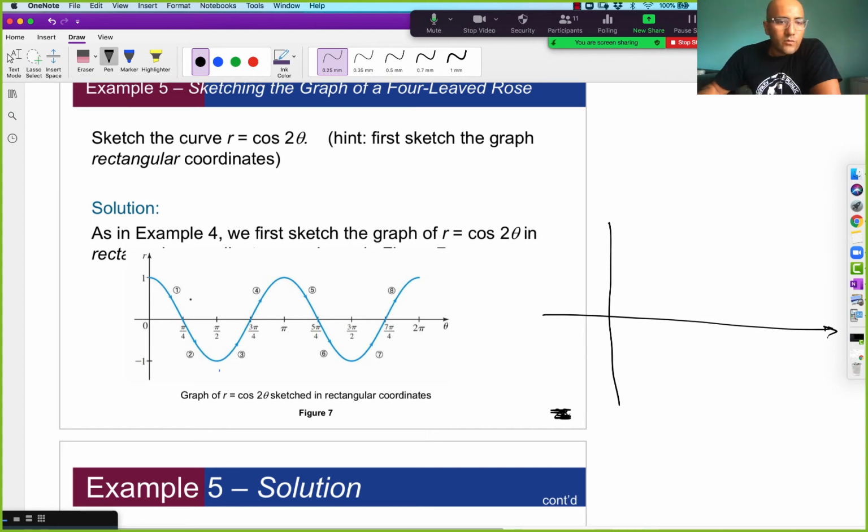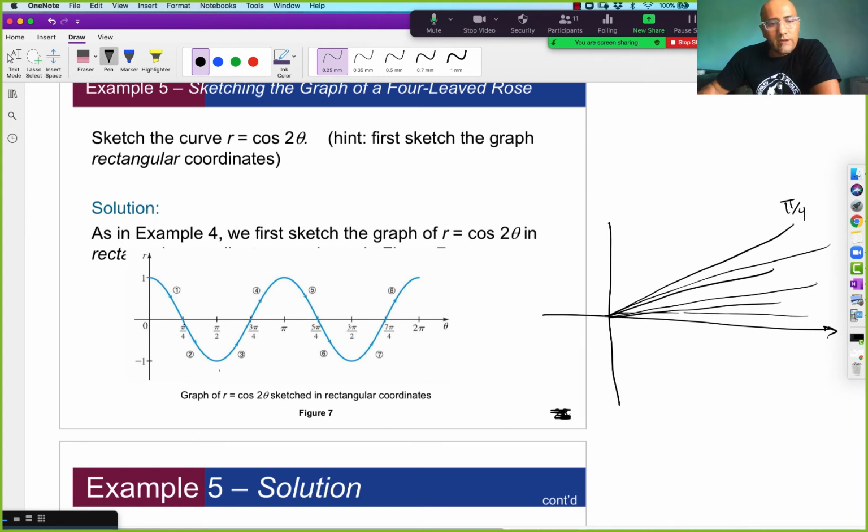So quadrant 1 is going to figure out what happens with these angles between 0 and pi over 4. All of these rays that are created here are all the rays that go from 0 to pi over 4. My R value starts off at 1 unit.